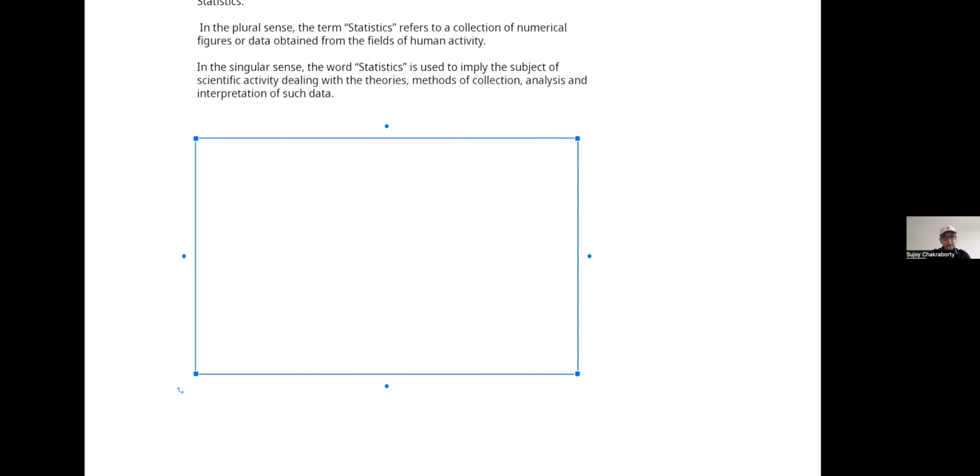Now, statistical decisions that we make based on our analysis of data and interpretation typically apply in the long run, right? And on an average, so it cannot be precise. That's what we discussed earlier about the characteristics also.